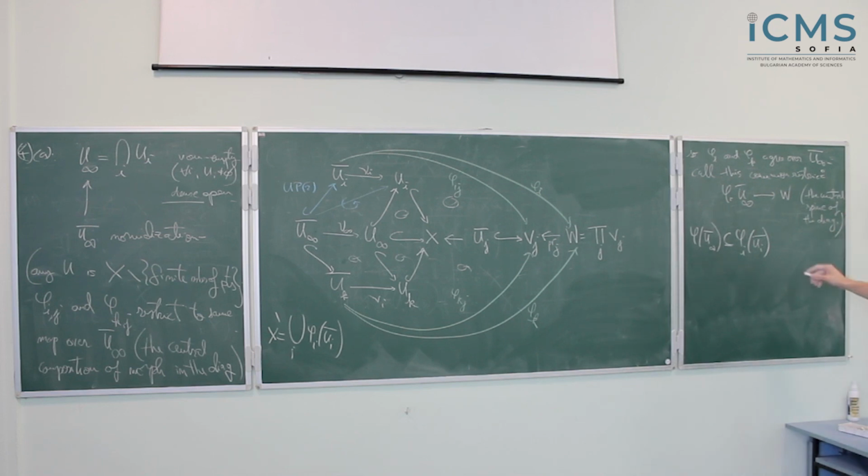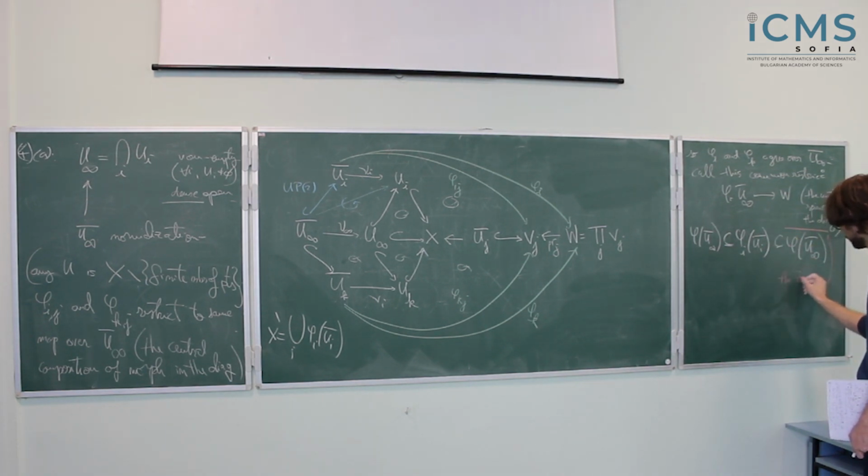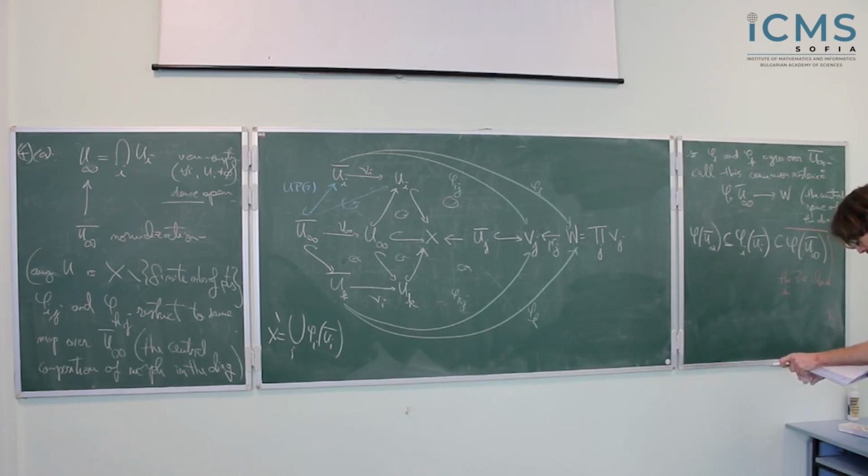Now, what is less obvious is why I can include all of them in the Zariski closure in W. Like this.